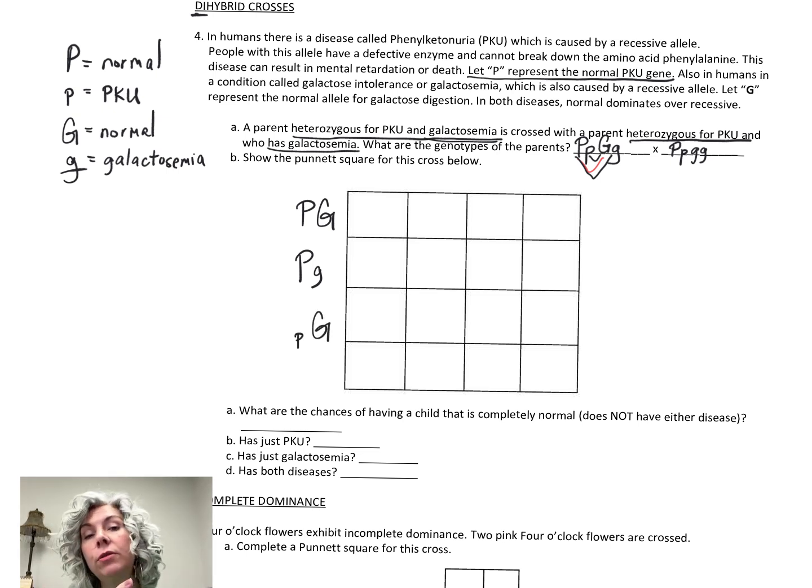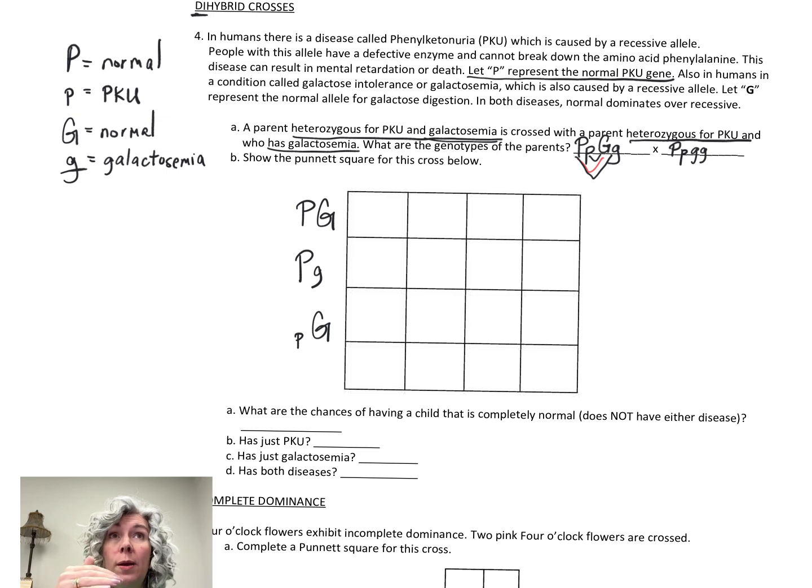All right, do you remember earlier I mentioned I like to put capital first because it's dominant? This trumps that rule because first and foremost, you need to keep your traits in order. You're sure going to go crazy if you start getting your traits out of order and then you're trying to interpret genotypes and phenotypes.